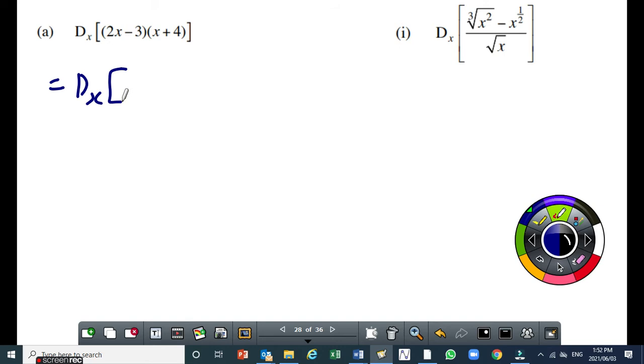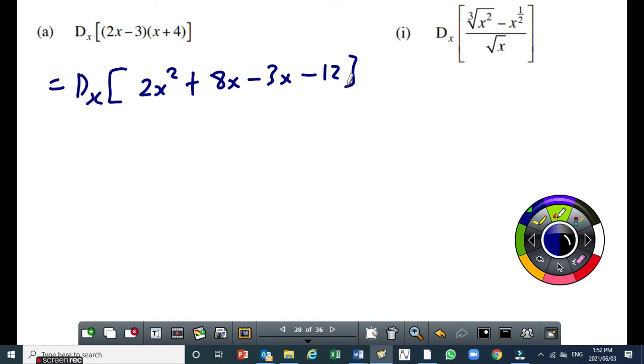I'm just simplifying to an expression that can be differentiated. So 2x times x, that will be 2x squared. Then 2x times positive 4, that will be 8x. Minus 3 times x, that's minus 3x. Then minus 3 times positive 4, that's minus 12.